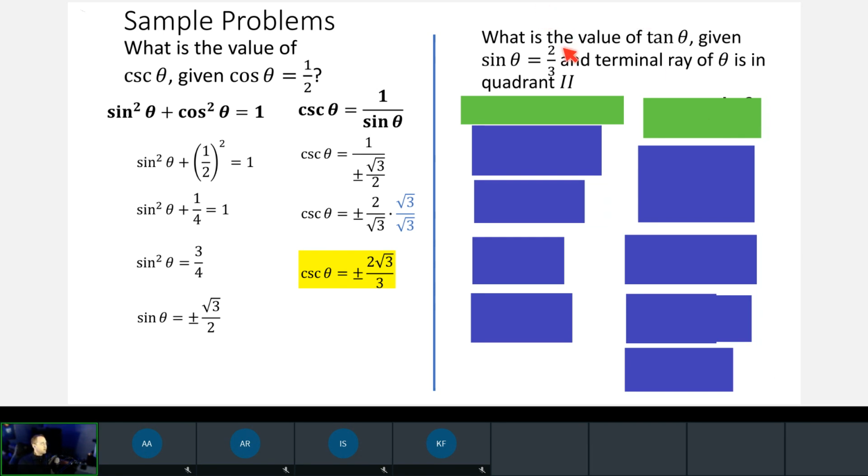Okay, next problem. What is the value of tan theta given sine of theta is 2/3 and the terminal ray of theta is in quadrant 2? So quadrant 2, if you can visualize that, x and y, positive or negative? X is negative, y is positive. Yep.